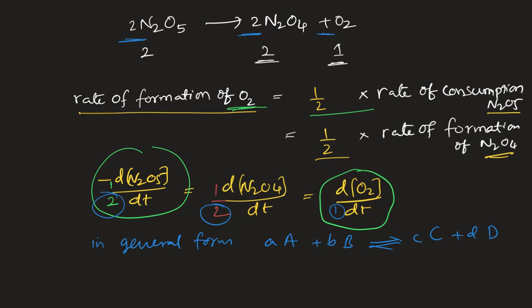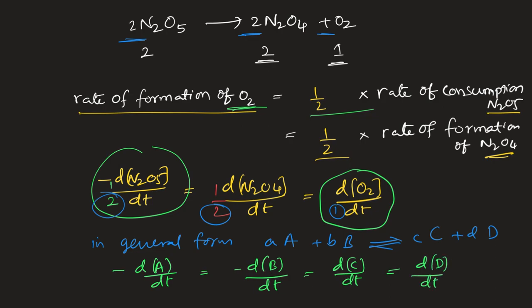According to that, minus d A concentration by dt is equal to minus d B concentration by dt is equal to d C concentration by dt is equal to d D concentration by dt.